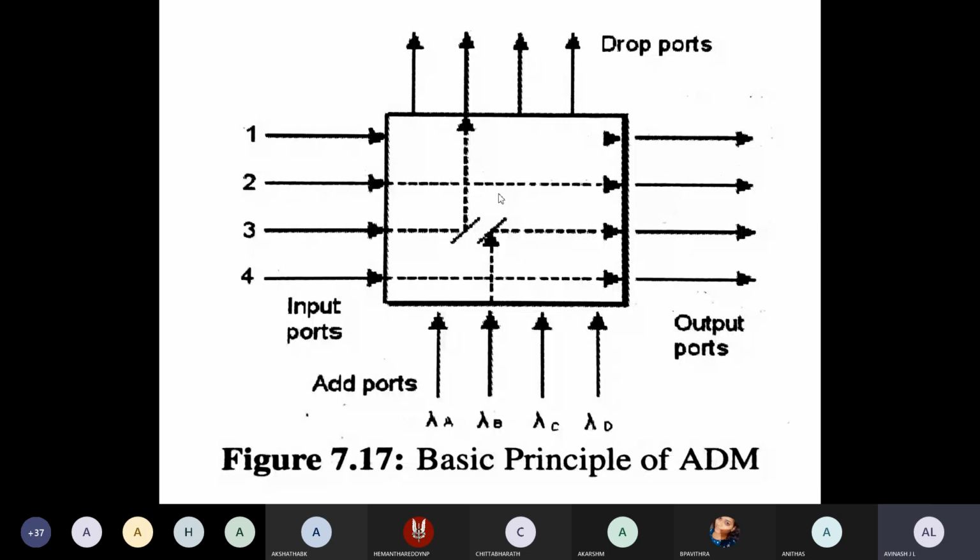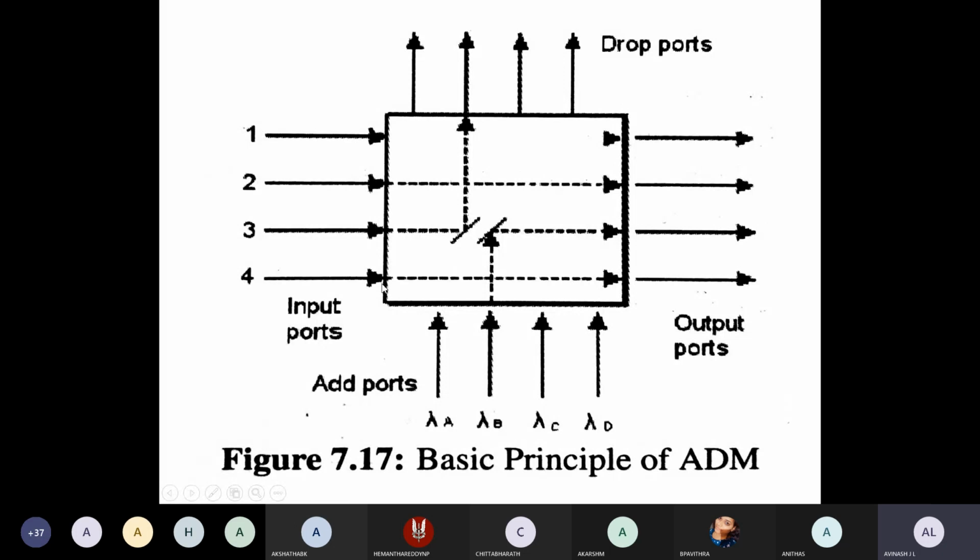For the input port, one input signal is given and it has gone to the output port. That is not a problem. In the fourth port also the input is given and we get it at the output port. That is also not a problem.